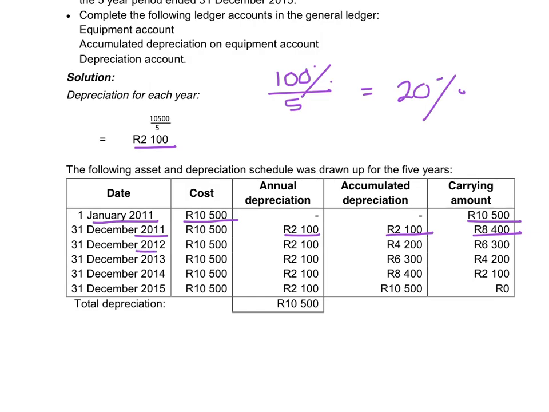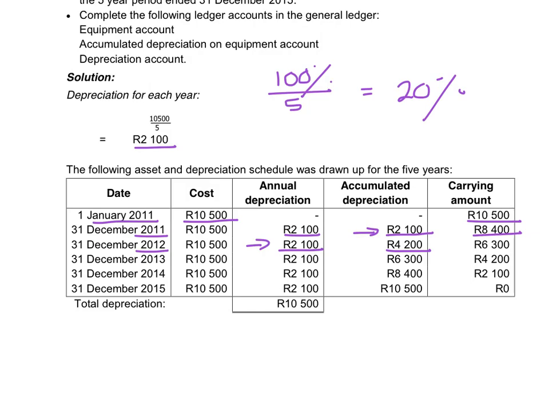In 2012, we will write off 2,100 again. Now the depreciation will accumulate from 2,100 plus this 2,100, so the total amount now after 2 years is 4,200. What is the carrying amount?